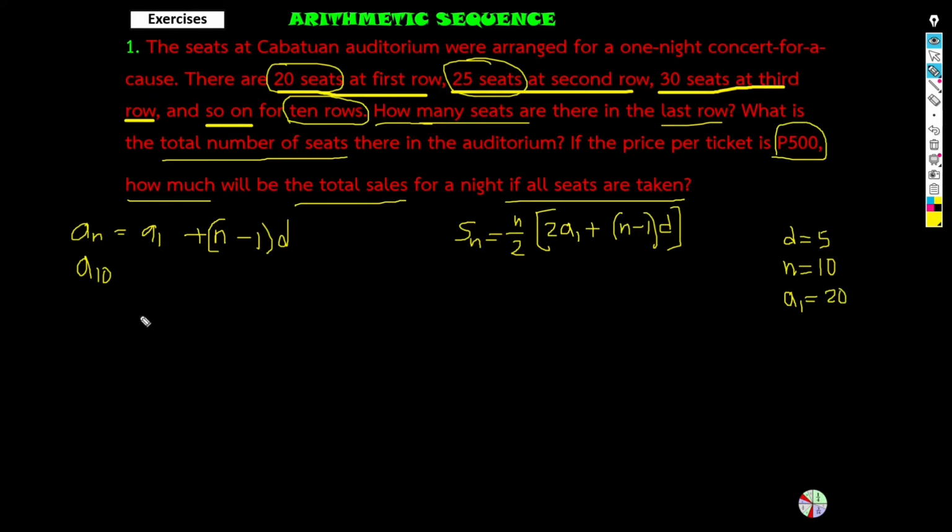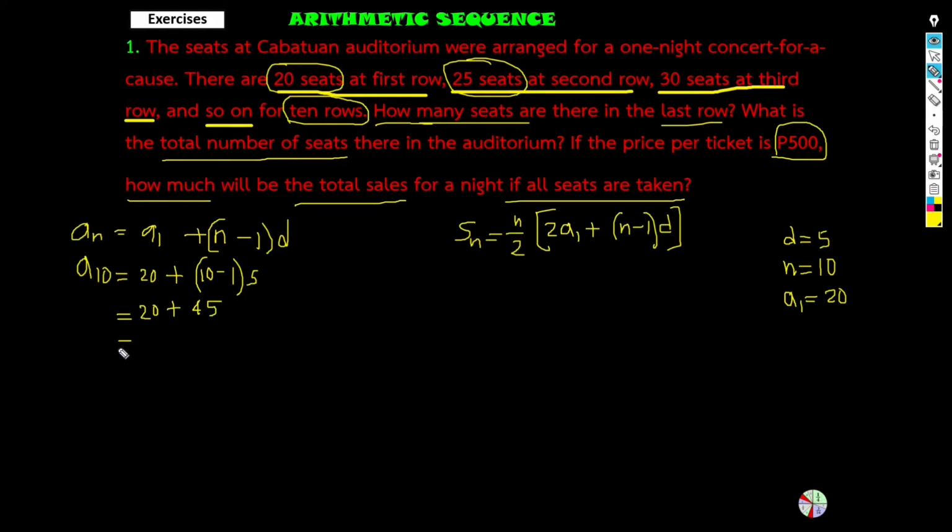Now, we are going to solve A sub 10, which is the answer to the first question, how many seats are there in the last row? A sub 10 is equals to 20 plus the quantity n, which is equals to 10, minus 1 times the difference, which is equals to 5. Now A sub 10 is equals to 20 plus 10 minus 1 is equals to 9 times 5 is equals to 45.